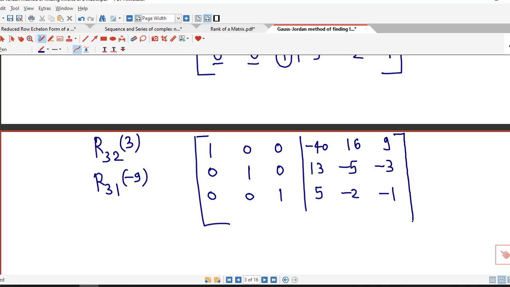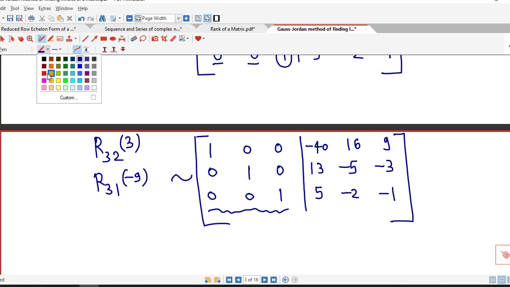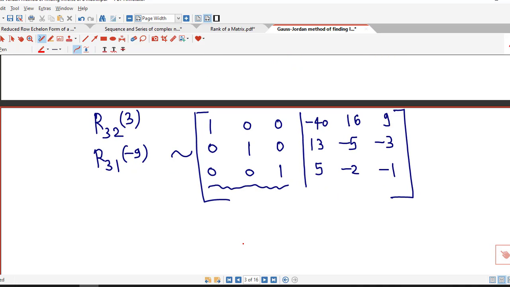And we can see on the left hand side, we obtain the reduced row echelon form of the given matrix A, and it is nothing but the identity matrix. So here we can write this is the identity matrix, and the right hand side is nothing but the inverse of the given matrix.